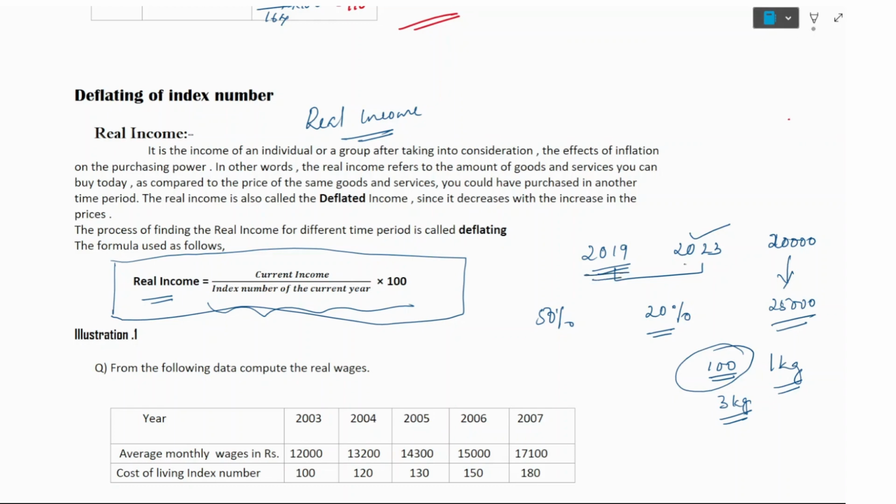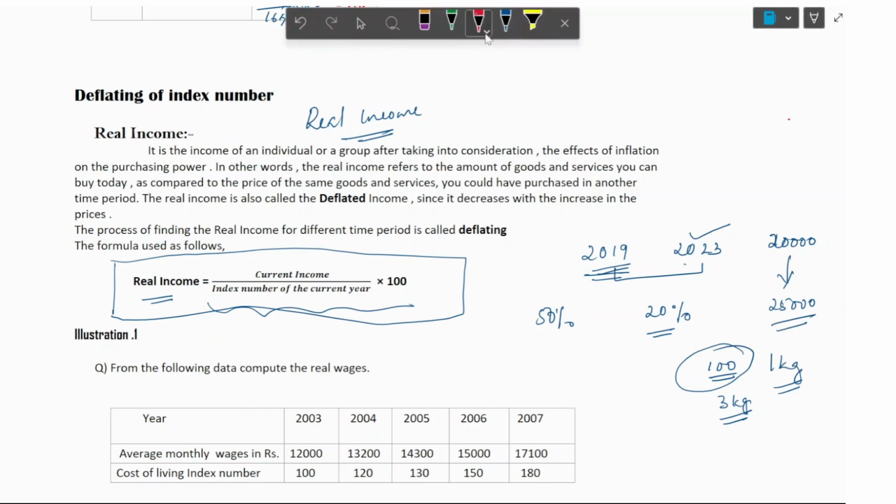Here I have taken the current year 2023, and you need to compare with 2019. Then you can check whether your salary or income has really increased, or otherwise think about how much you need to get to adjust and keep the standard of living of the particular base year, that is 2019.